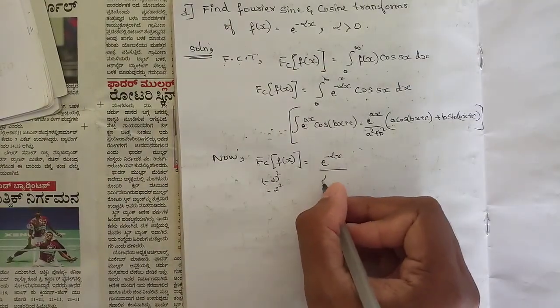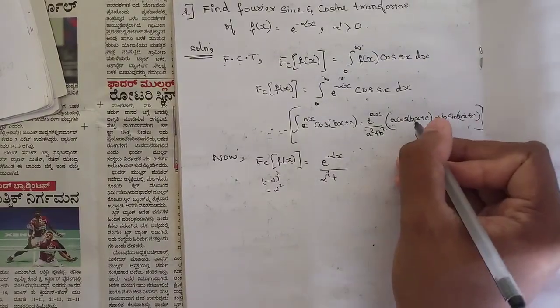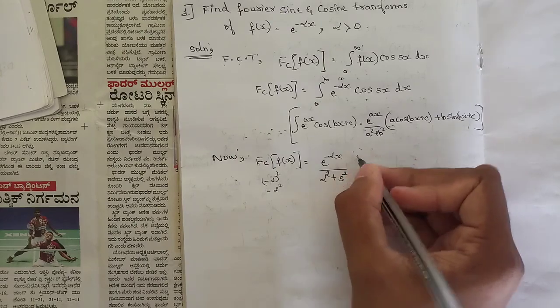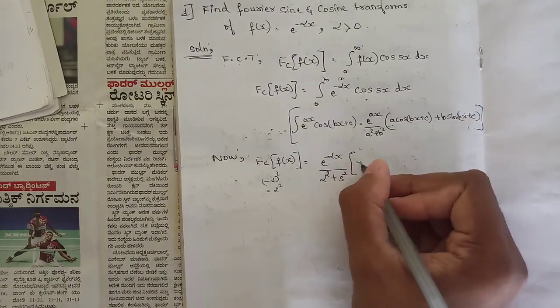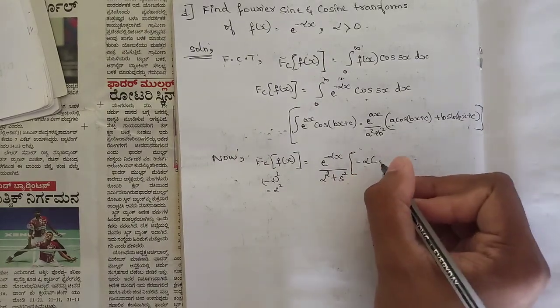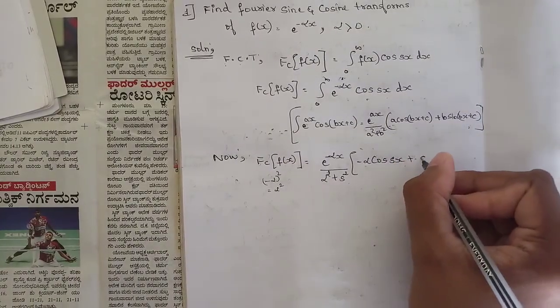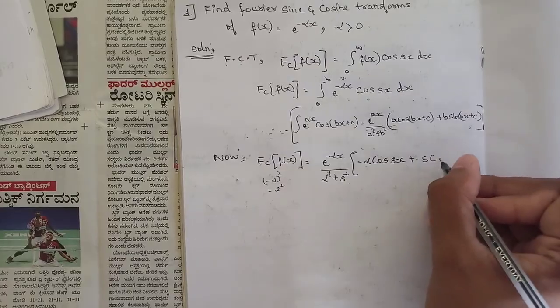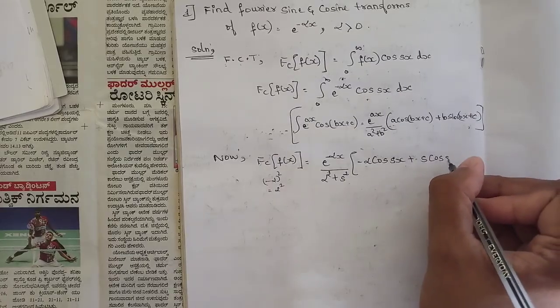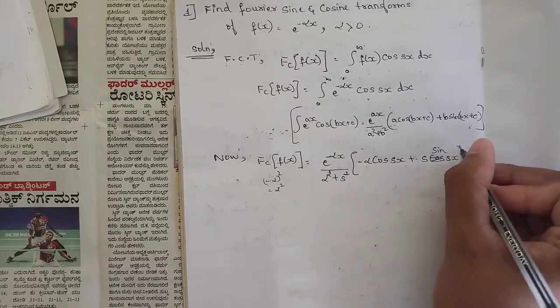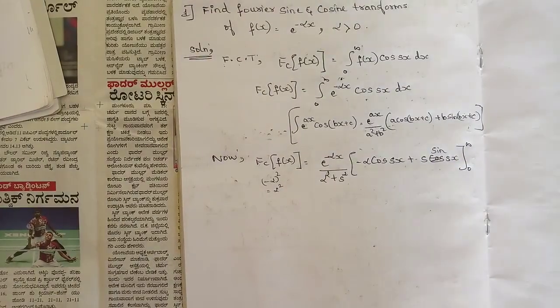So it is alpha square plus the value of b here, s square, into minus alpha cos sx, that is a cos bx, plus b, that is s sin sx, and the interval is from 0 to infinity.